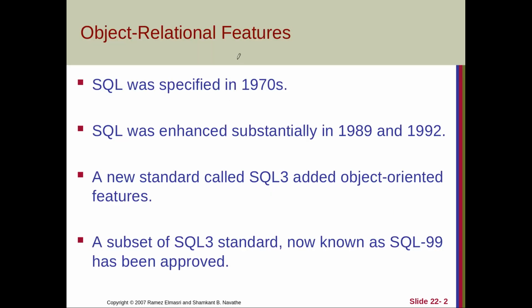So let us see the object relational features. We are going to combine both object and relational database features. As all of you know, SQL is the basic standard that was followed in relational database systems, and it was invented in the year 1970.